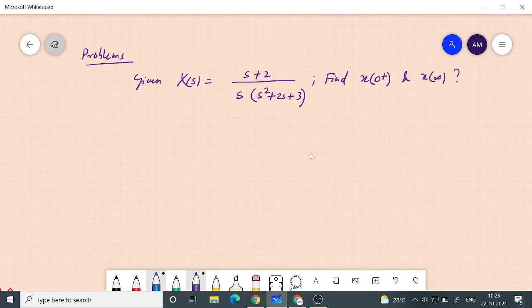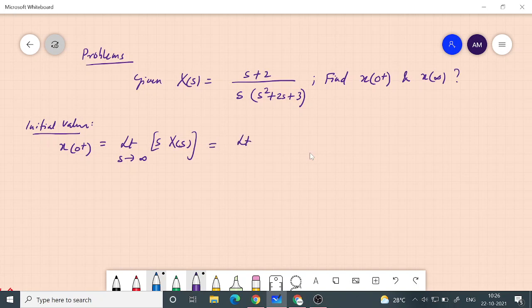So let's see what happens. First let us find the initial value, x of 0 plus, which is equal to the limit s tends to infinity of s into X of s.